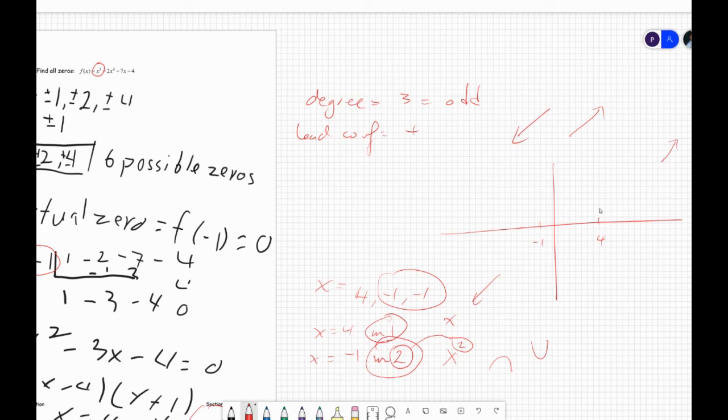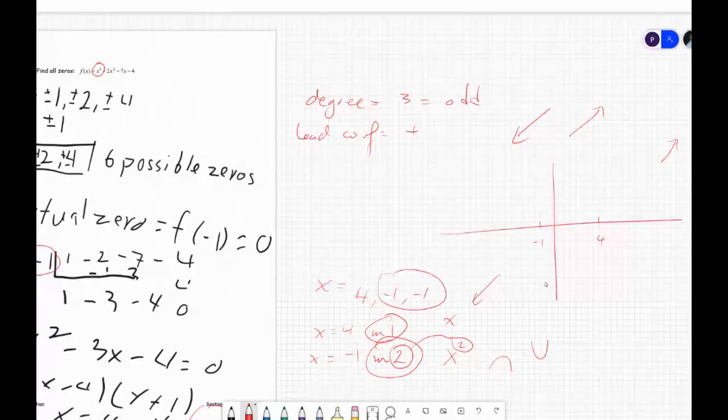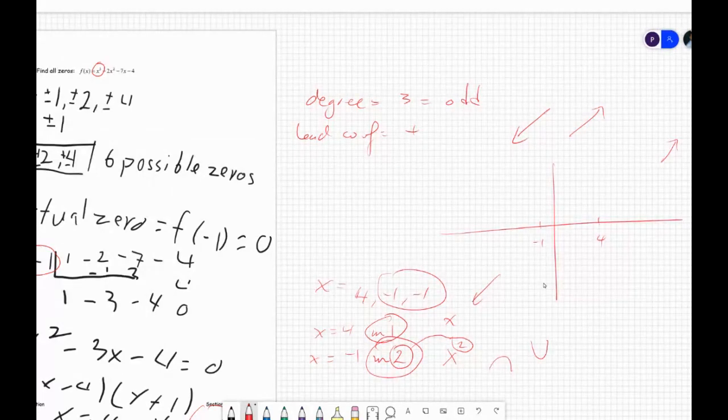It's like even is touch and odd is cross, right? Yes, exactly. Now, I don't like using that description because when it crosses, you need to know how it behaves. When it touches, you need to know how it behaves. So it behaves like the parent function, x squared, x cubed.